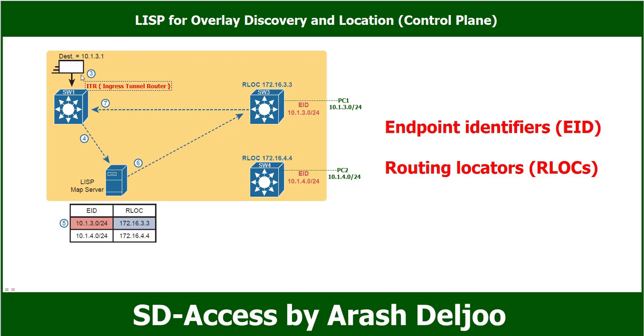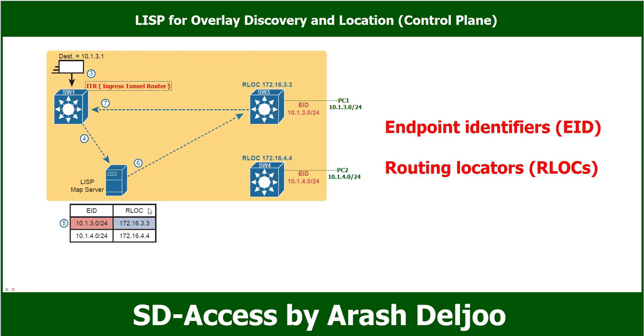Step 3: an Ethernet frame to a new destination arrives at ingress edge node switch 1, and the switch does not know where to forward the packet. The destination IP of this packet is 10.1.3.1, the IP address of PC1. The ingress node sends a message to the LISP map server asking if it knows how to reach the IP address 10.1.3.1.